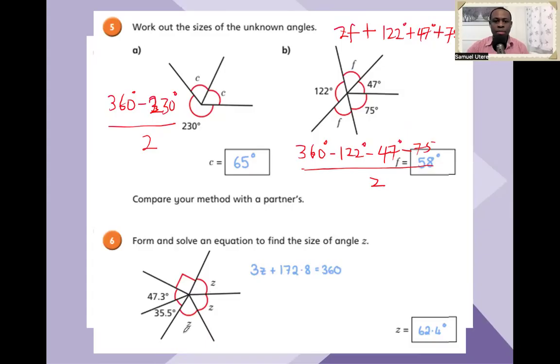This one, we have 3z, and we have this angle to be 90 degrees. So when we finish doing this, we'll form this equation, because these two will add up to this quantity here. So we have 3z add this equal to 360 degrees. Our final step will be to subtract 172.8 degrees from both sides.